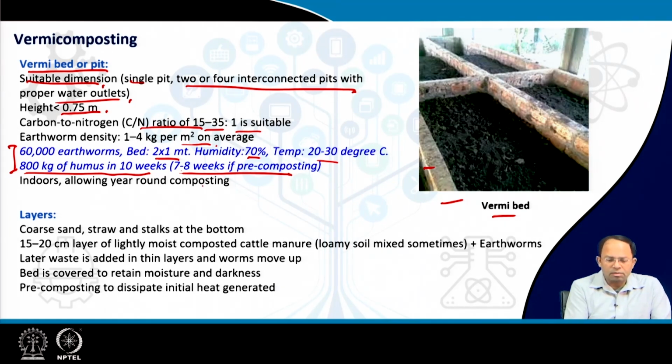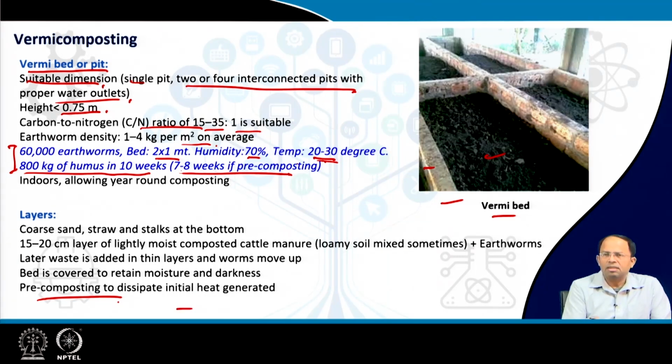Earthworms operate best at temperatures which are much lower. So if I do pre-composting, the excess heat of 55 to 60 degrees centigrade will never happen in this kind of pit. So that is beneficial, and that's why it's better to do pre-composting.